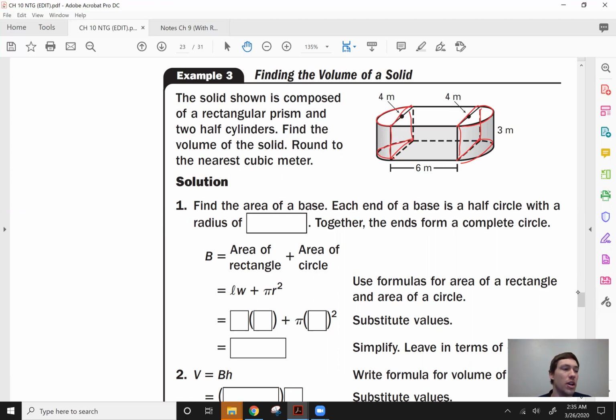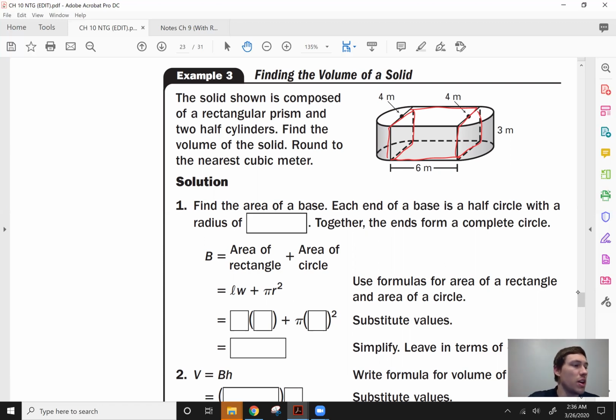So if I find the area of the whole cylinder, and this spot in the middle is just one big rectangle. So I have a prism in the middle, and I have a half cylinder on one side and a half cylinder on the other.